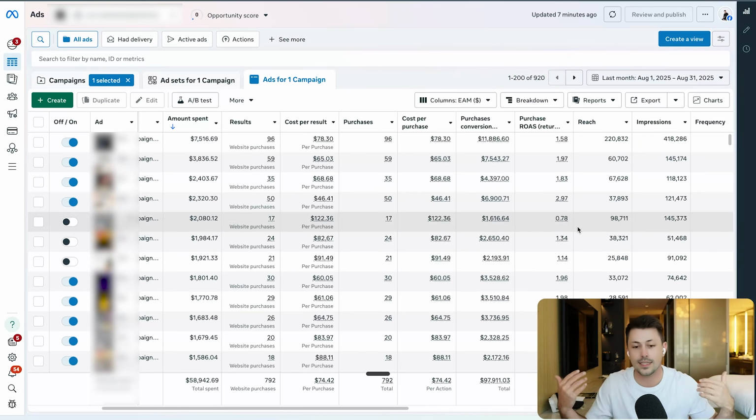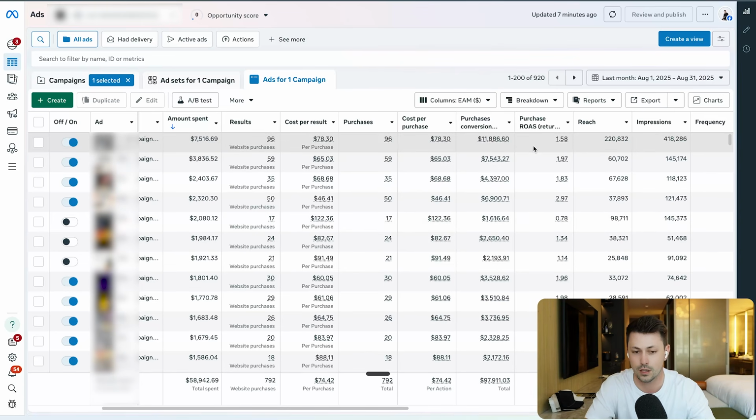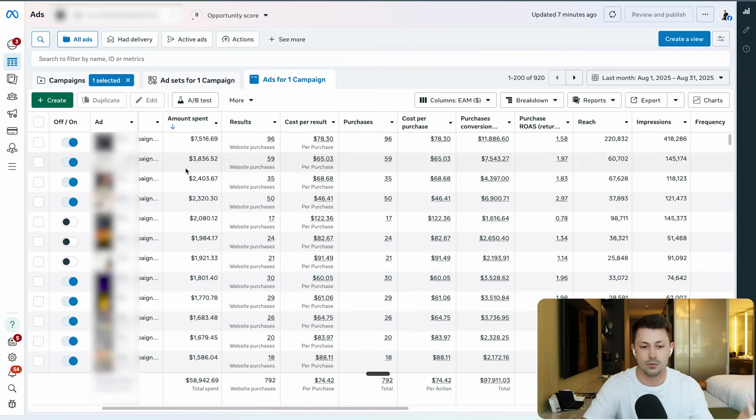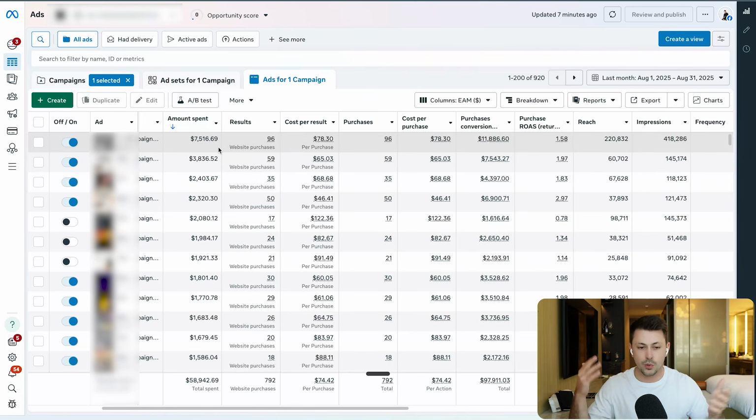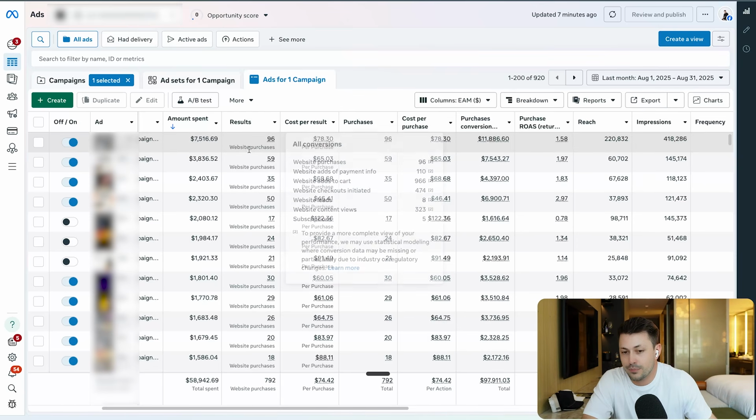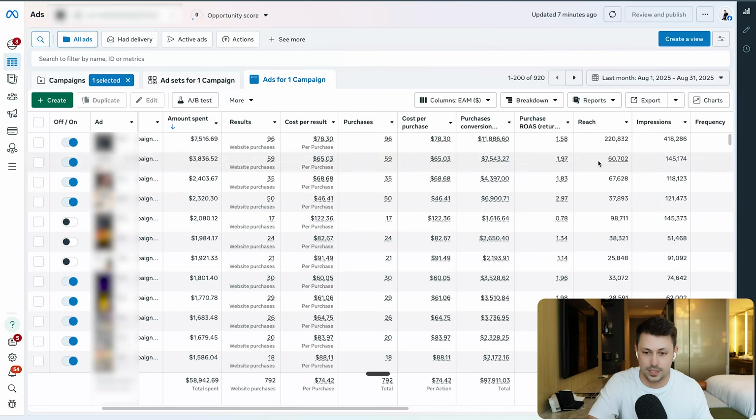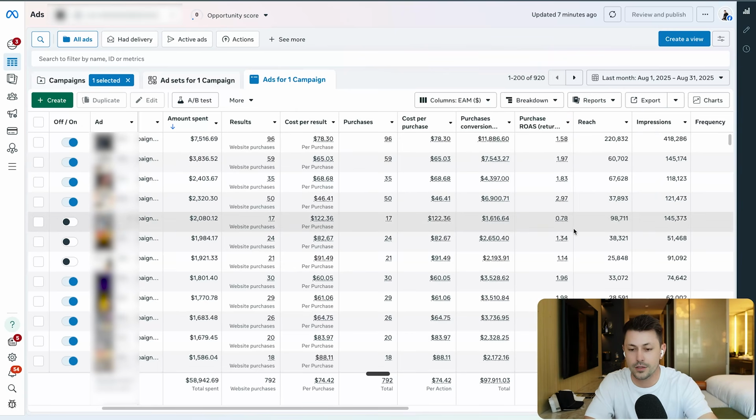So do I think I could get a better return on ad spend than 0.78 by spending an extra $2,000 on this ad? I would say so, right? That would be essentially adding close to around 25% in budget or whatever it may be to this ad. And I think if I added 25% in budget to this ad right here that's getting a 1.58, it would probably do better than a 0.78.